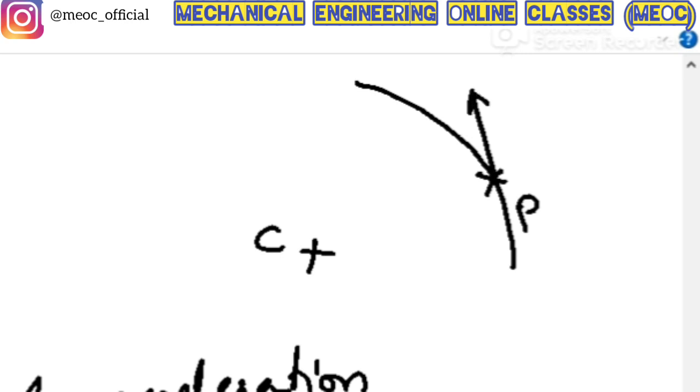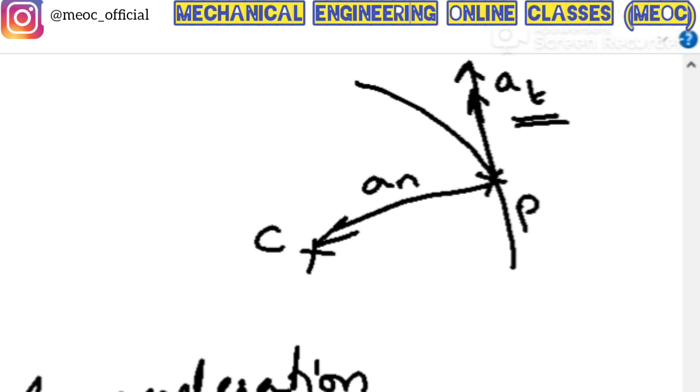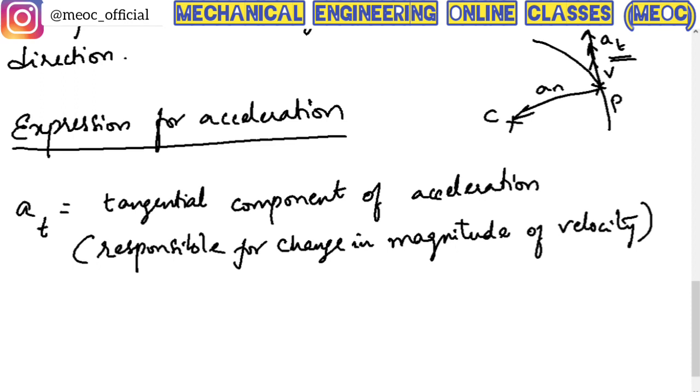So it will have its acceleration in two components, one along the tangent and the other along the normal. This tangential acceleration is what is responsible for a change in magnitude of velocity. So it is because of this tangential component of acceleration that the magnitude of velocity is changing.